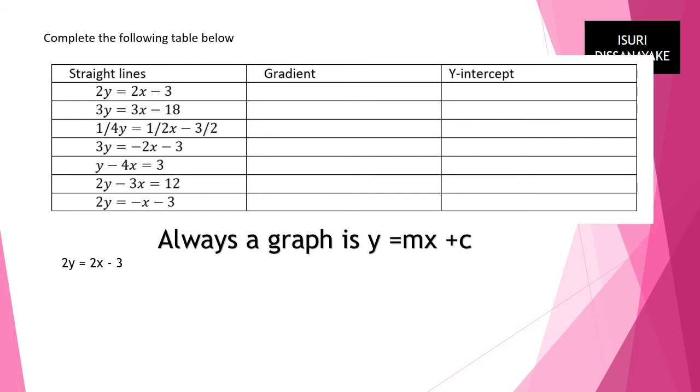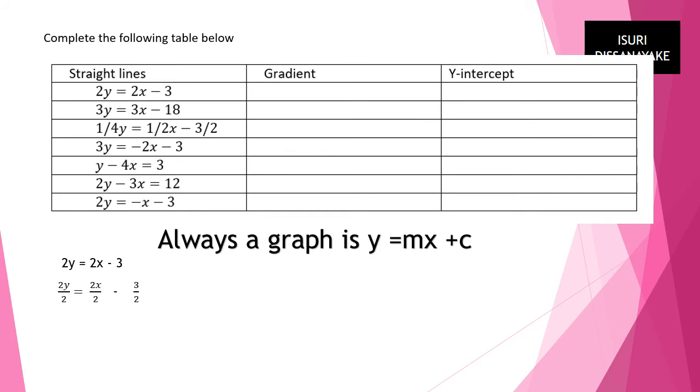So the first one is 2y equals 2x minus 3. I said very clearly a graph is y equals mx plus c. So this is 2y equals, not y equals. So you have to remove the 2. How are you going to remove the 2? Use a bit of algebra.